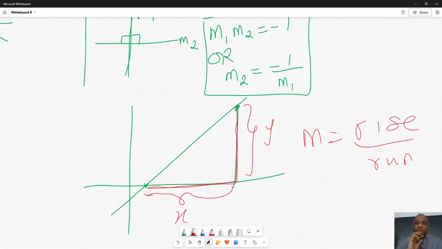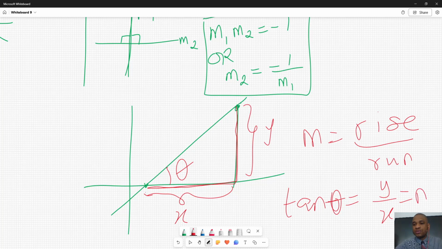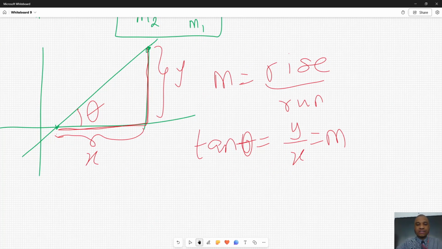If you know your trigonometry, tan theta is y over x. So to find the angle, the gradient is related to tan theta. Theta is tan inverse of m.